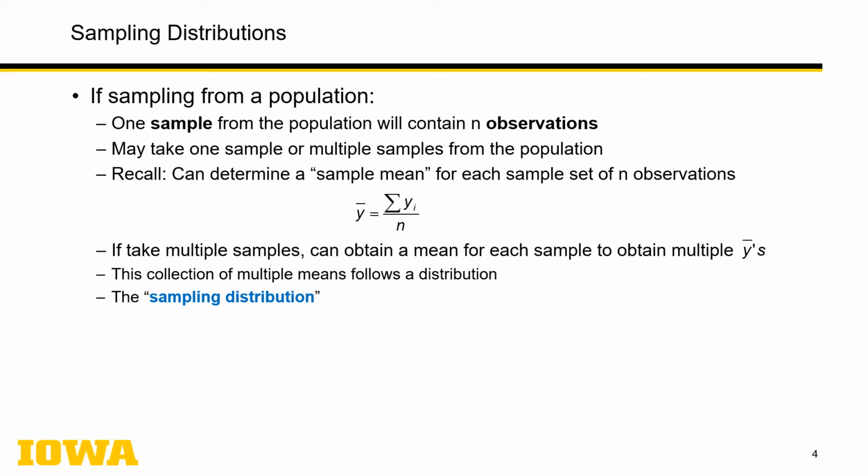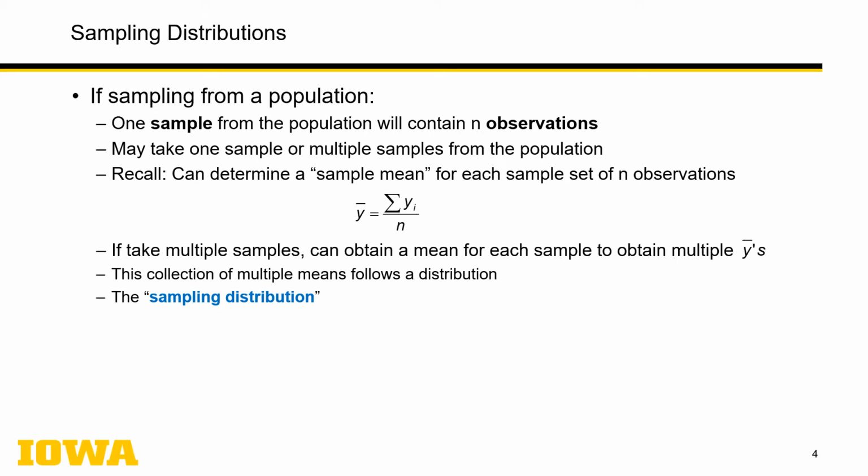Okay, so if you're sampling from a population, you can take one sample and it will contain, say, n observations. You need at least 2, but hopefully you have 10, 20 observations. Now you may take that one sample from the population, or you might take multiple samples from the population.